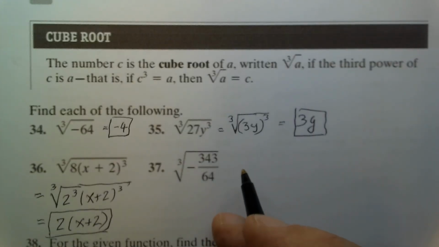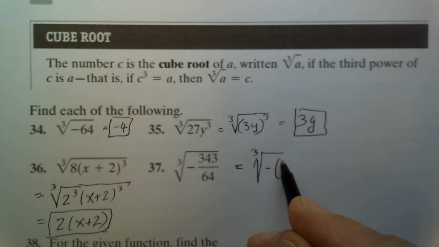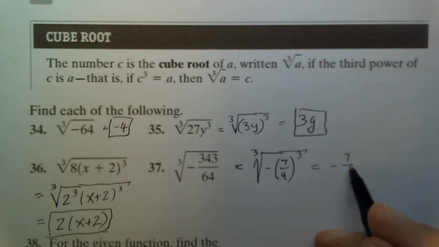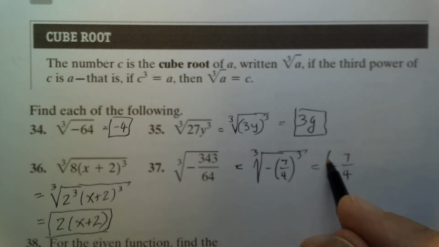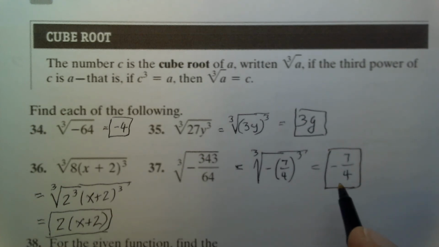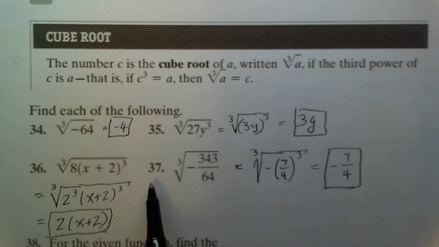And number 37, we can write that as the third root of (minus 7/4) to the third power. So that means that's equal to minus 7/4. Seven to the third power is 343. And so that would be the answer for number 37.